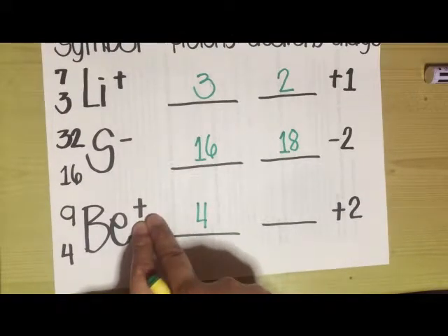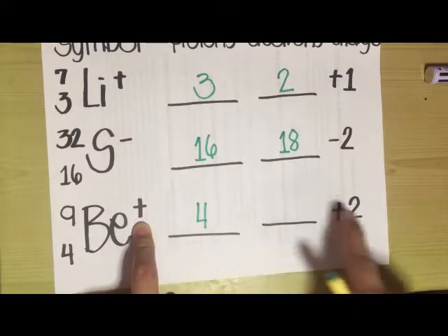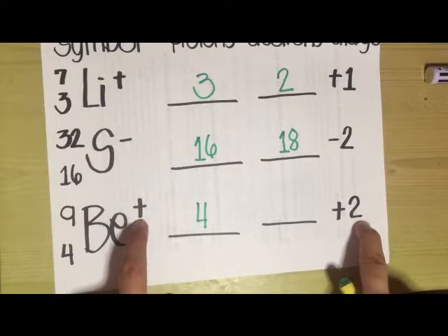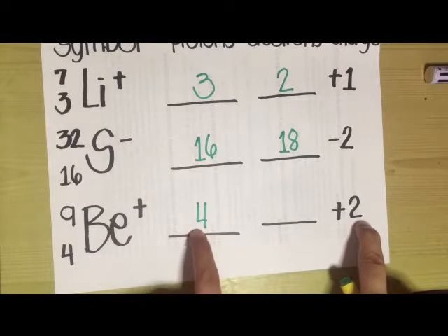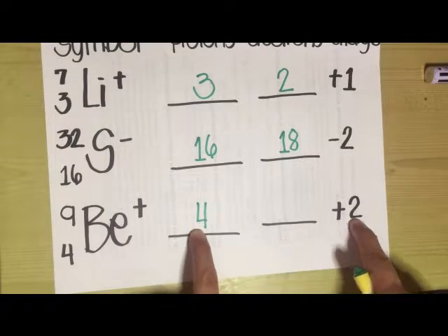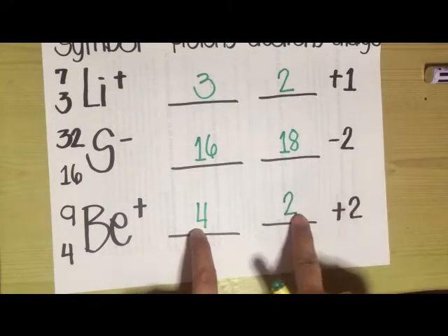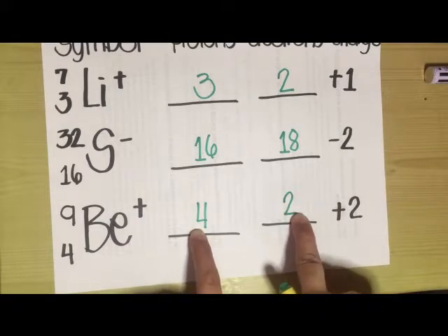So, naglo-lose siya ng electron. Ilan yung nabawas na electron sa kanya? 2. Okay? Kung ilan yung charge niya, yun yung naibabawas sa kanya, 'di ba? So, originally, ulit, 4 yung kanyang number of electron. Okay? So, 4 minus 2 is 2. 2 now is the number of electron.